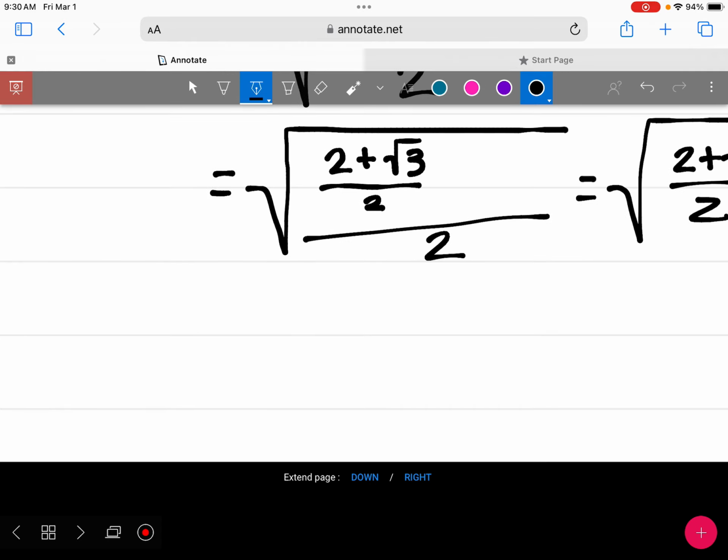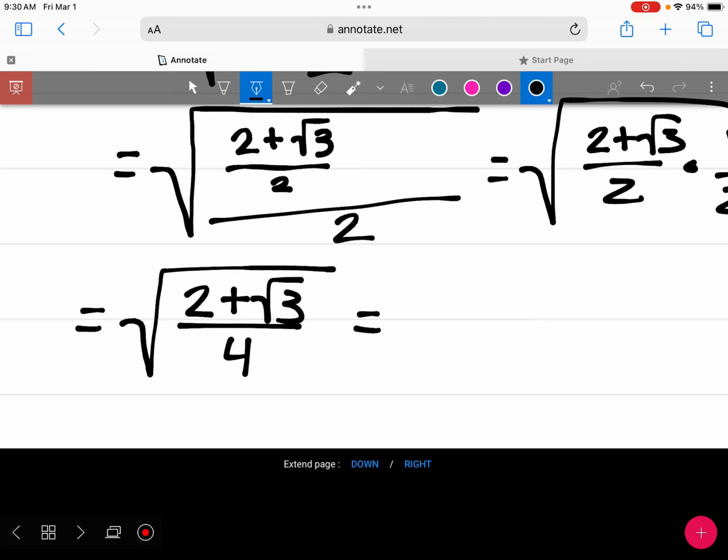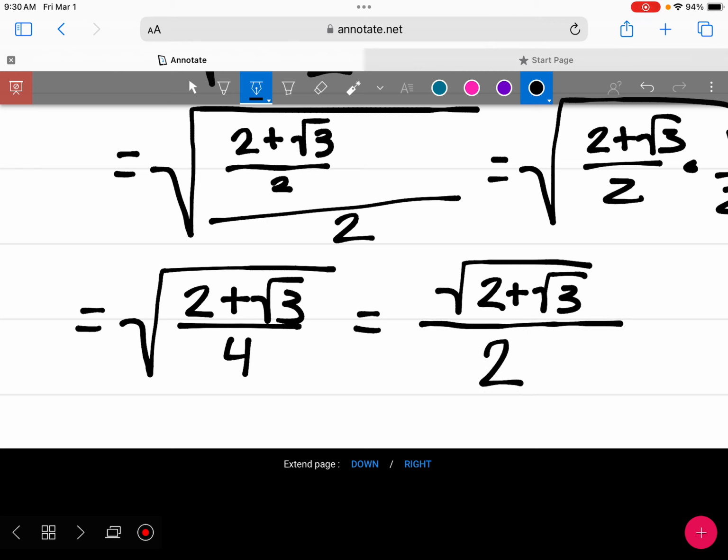So that we wind up with 2 plus square root of 3 over 4, which again, we can simplify that denominator because it's a square root of 4, and we just have our square root of 2 plus square root of 3 over 2.